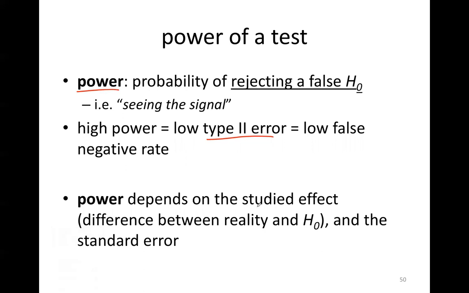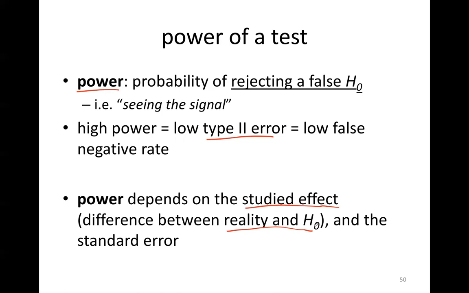So it depends on the effect that is being studied, and we can also describe that as the difference between reality and the null hypothesis. If the null hypothesis and reality are exactly the same, the null hypothesis is not false anyway. Reality and null hypothesis might be very different, then the effect is very large and power will be high.